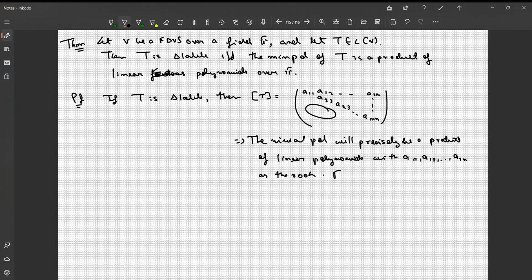So each diagonal element will actually form the eigenvalues of this linear operator, right? Is it clear? So that's pretty obvious as the roots.